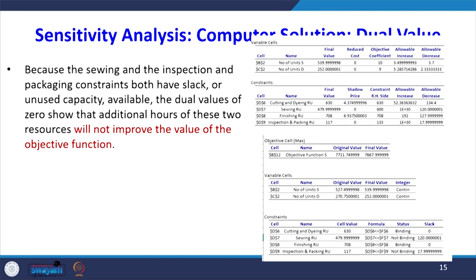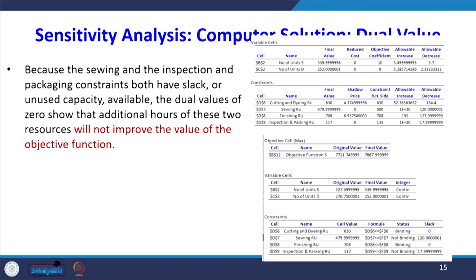Because the sieving and inspection and packaging constraints both have slack, or unused capacity available, the dual value of 0 shows that additional hours of these resources will not improve the value of the objective function.